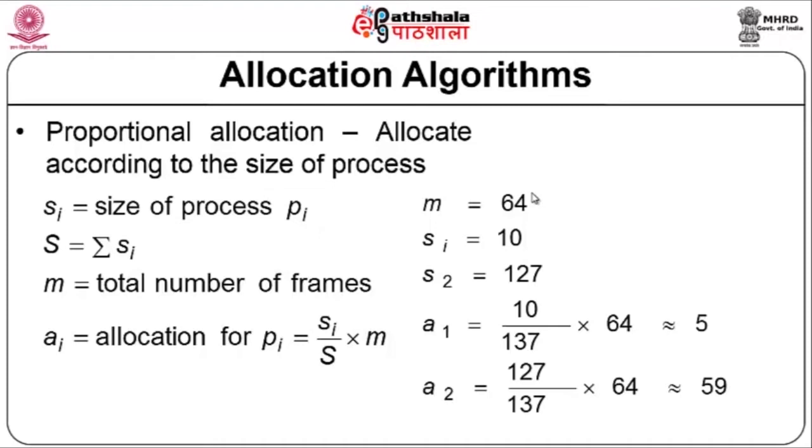In proportional allocation, frames are allocated to the process based on the size of the process. So, if you look at process Pi and say Si is the size of this particular process, you add up the sizes of all the processes to find out the total size needed.